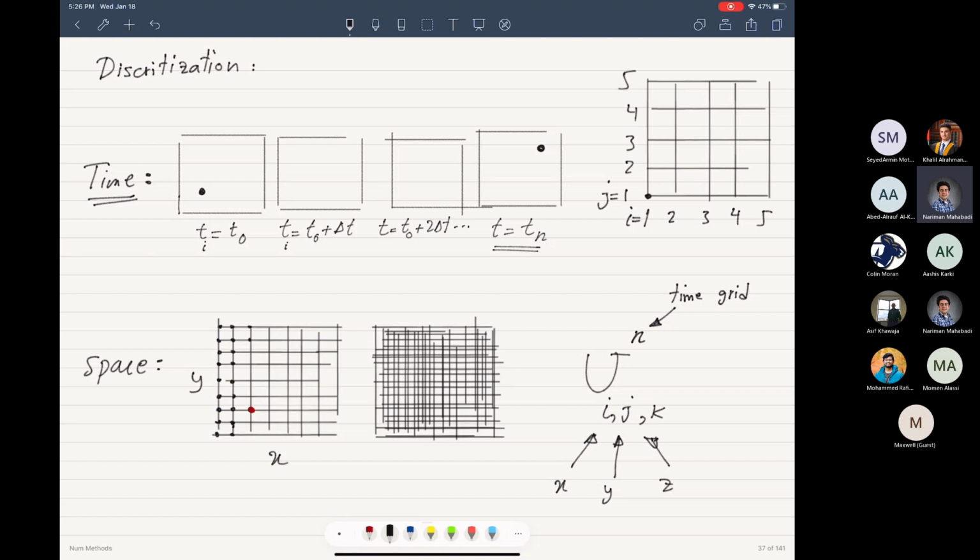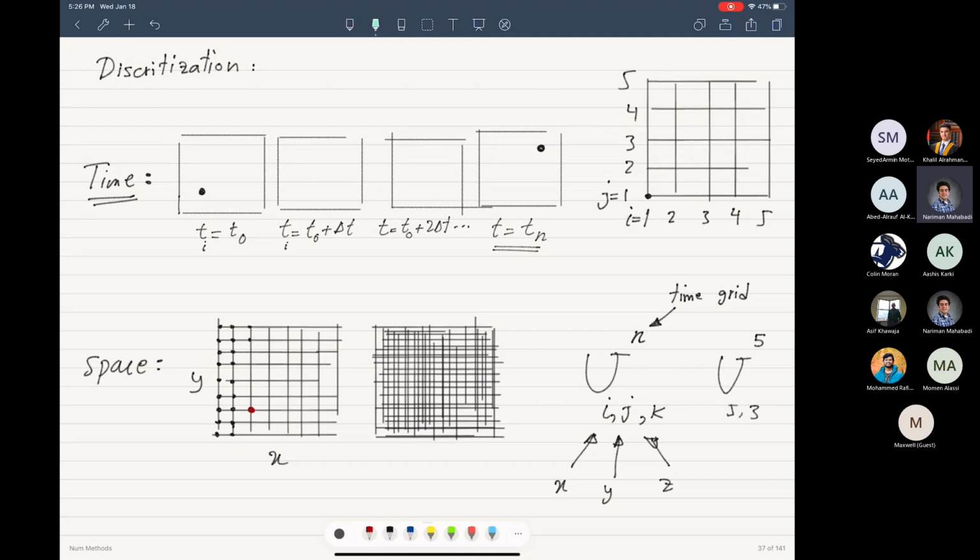So let's say if I like to find my unknown function at time interval of 5, but in this case, we don't see the time grid, we just see the space grid. And let's say for i equal to 5 and j equal to 3. What does that mean?